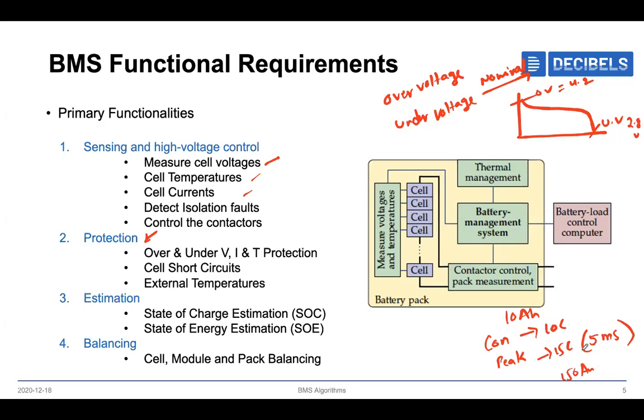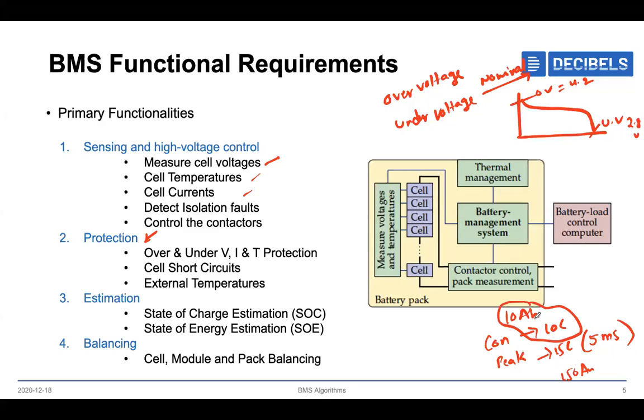If you cross this limit, what will happen is the power losses will increase, and the temperature will increase. And if the temperature increases, the chemical kinetics and the reaction electrode kinetics will start increasing, and it will go out of the region, out of control. Okay, so that's the reason we have to control the current that we are discharging or charging. So that will be in terms of C rates.